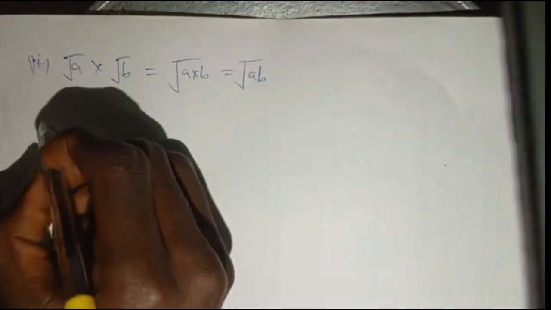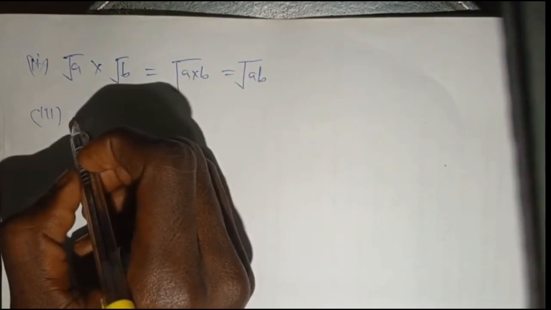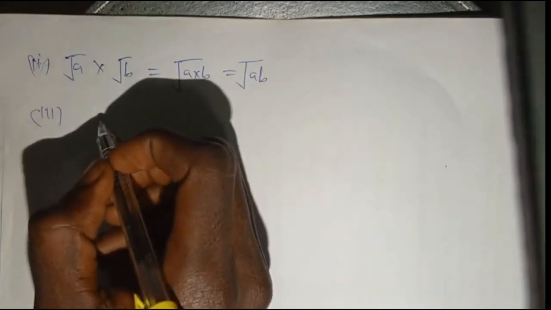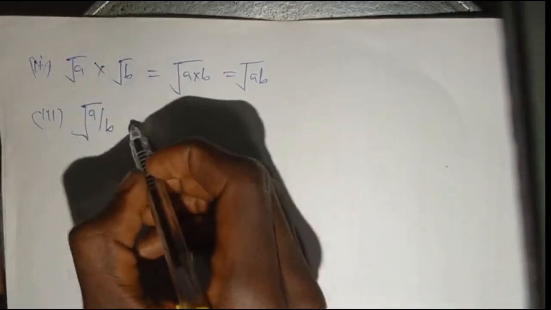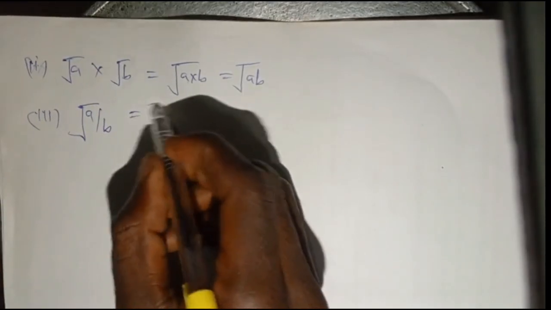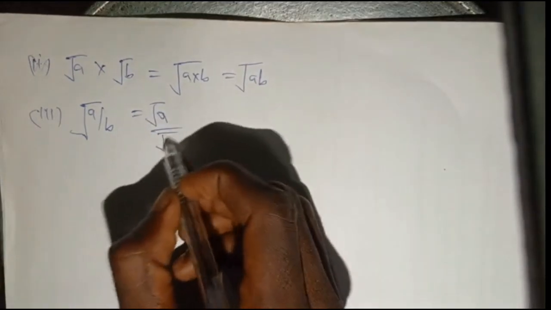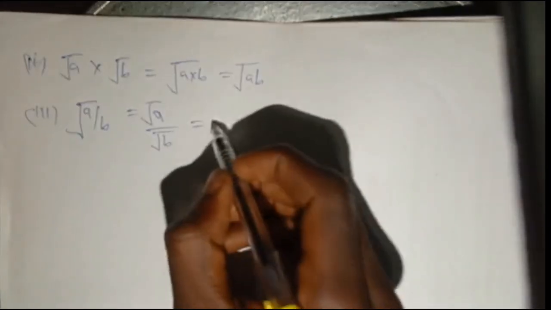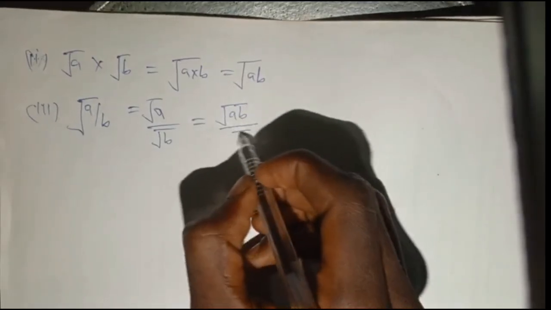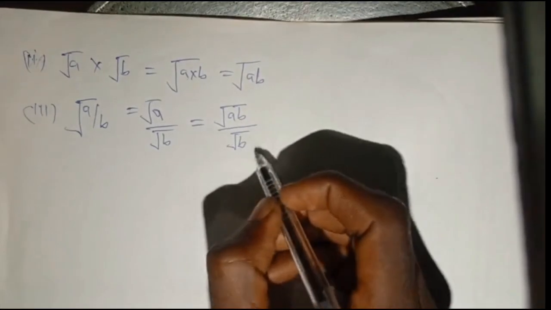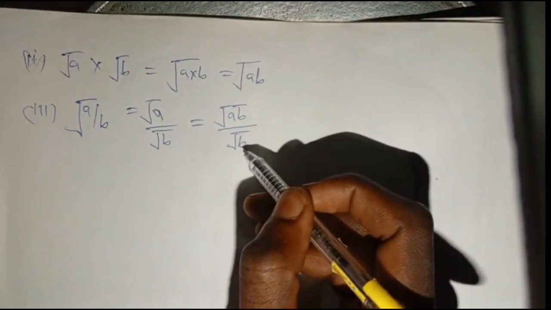Property 3 is root of a over b. This is root of a all over root of b, and this is the same thing as root a over root b. We'll understand this more when we come to the examples section.